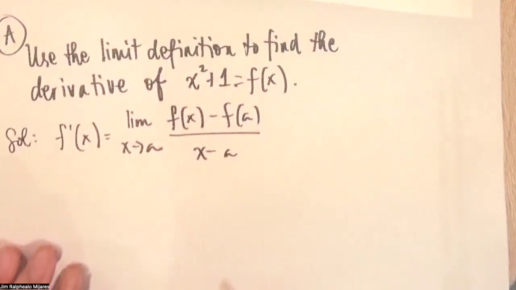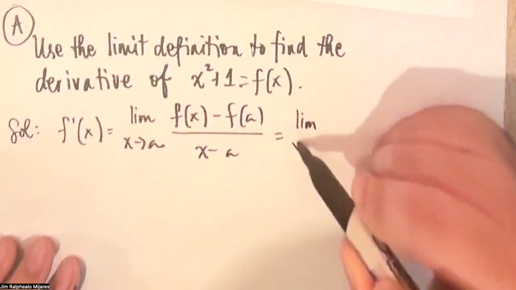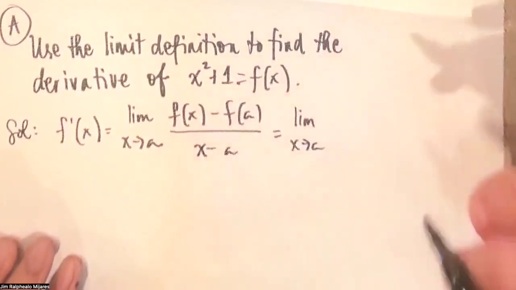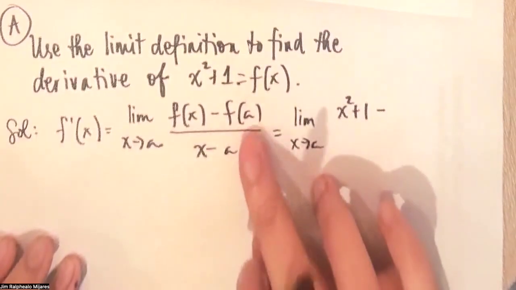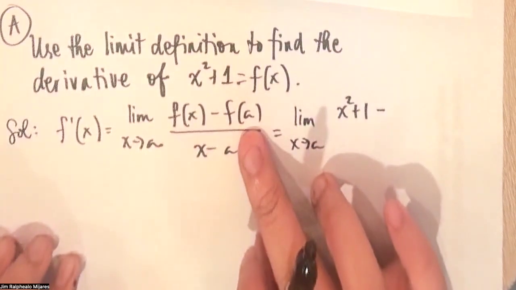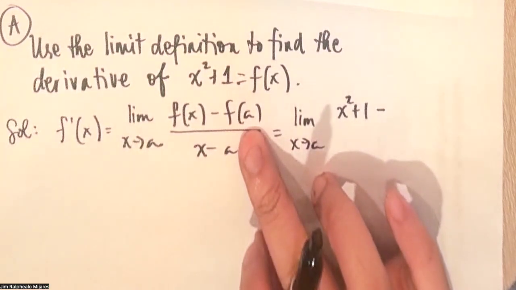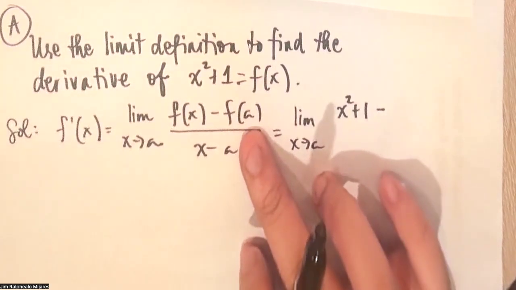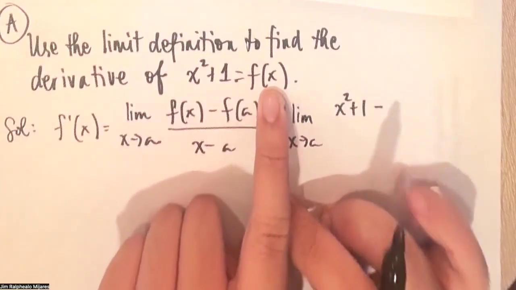Now, this means limit as x approaches a. What is f of x? It's x squared plus 1, minus. What is f of a? Well, f of a is you substitute a for x here.